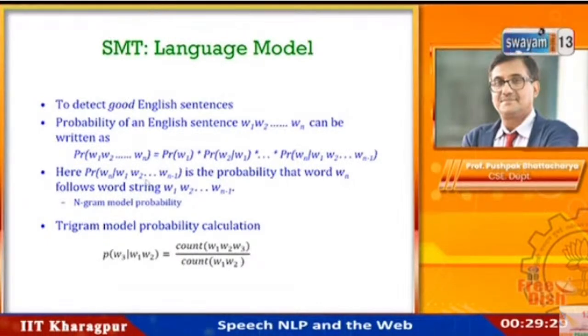And sometimes you apply the Markov independence assumption and look at a smaller window before Wn. Maybe you look at only the previous word and the previous-to-previous word, which is called the trigram assumption.